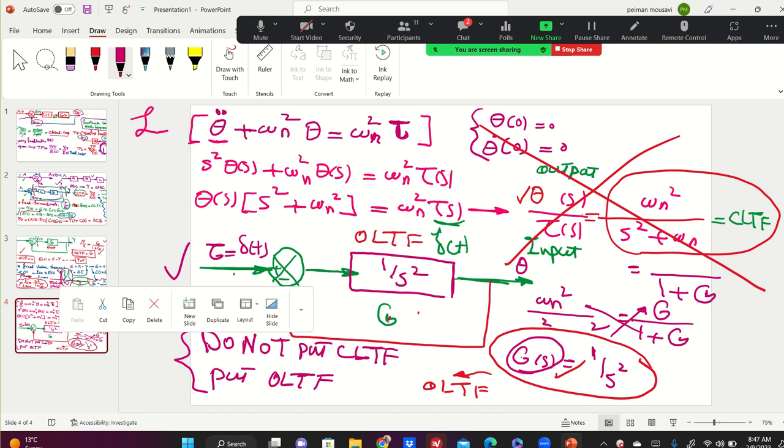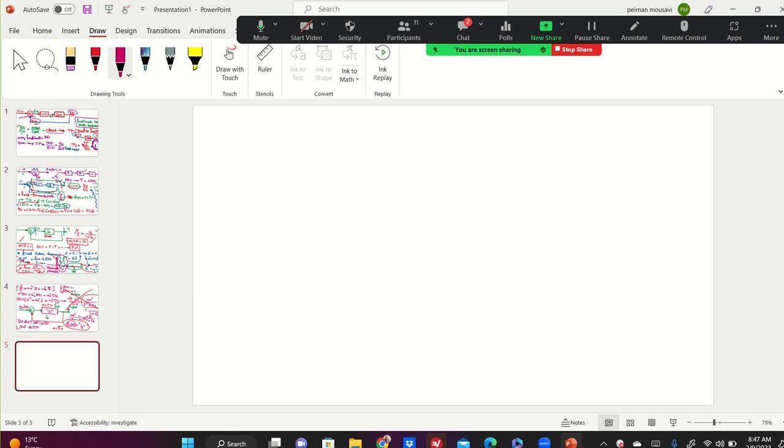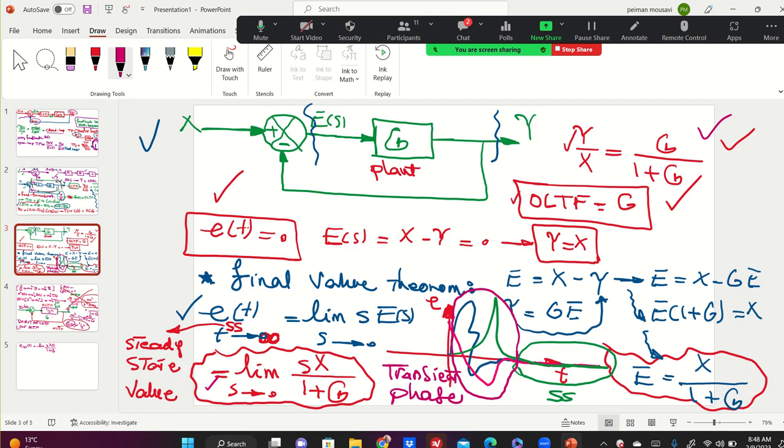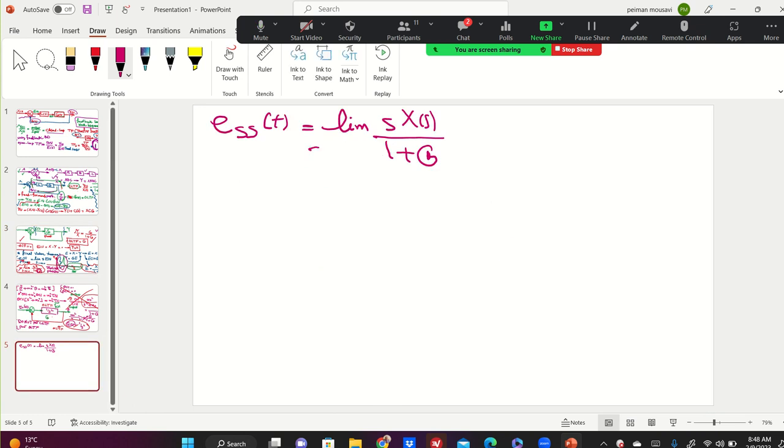So, having that, I want to see the steady state error signal at the time when you apply X of s over 1 plus G. Because in the error signal also you are putting the open loop transfer function G. See what I'm saying? So when s goes to 0.